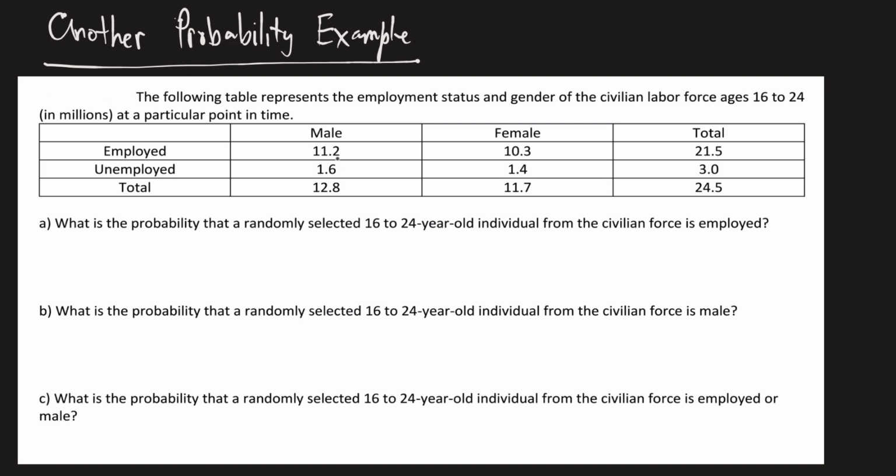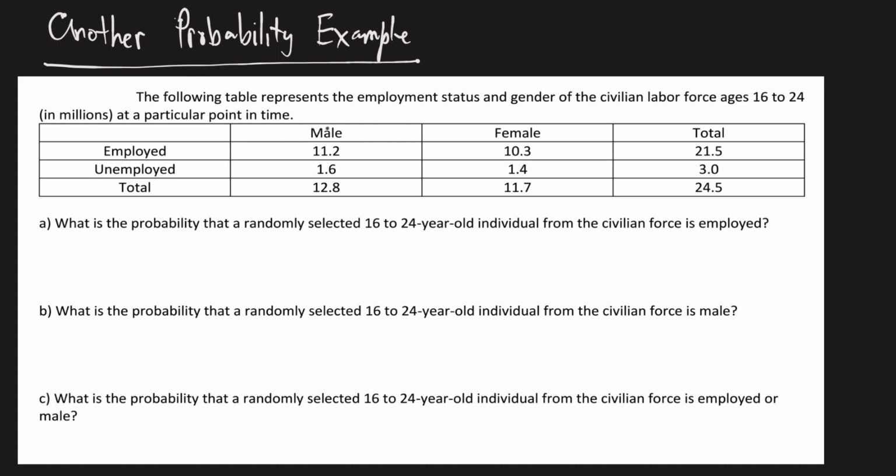And the numbers represent the civilian labor force of 16 to 20-year-olds, and this data is in millions, right? So whenever this data was captured, for instance, this 1.4 here means that at that time there were 1.4 million females in that age group who were unemployed, right?